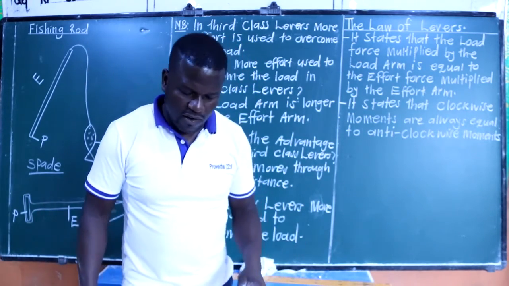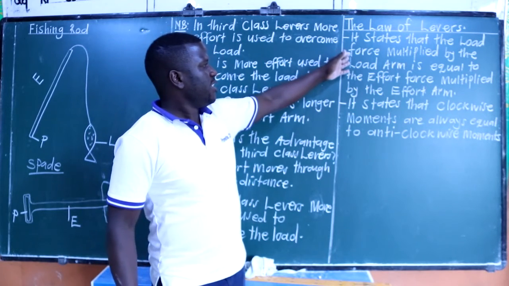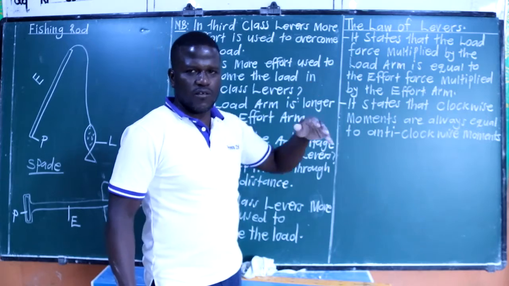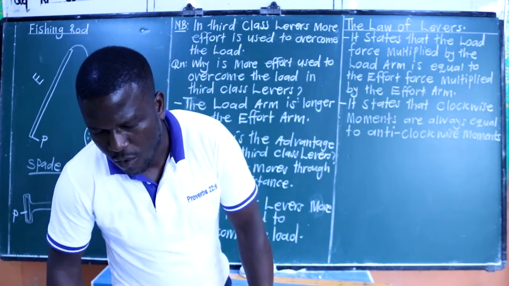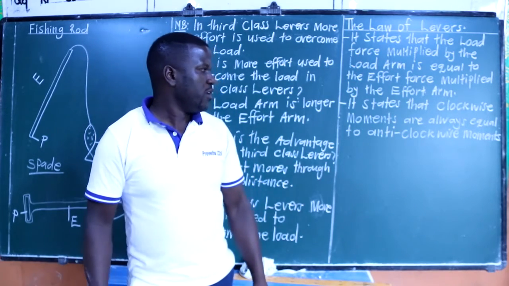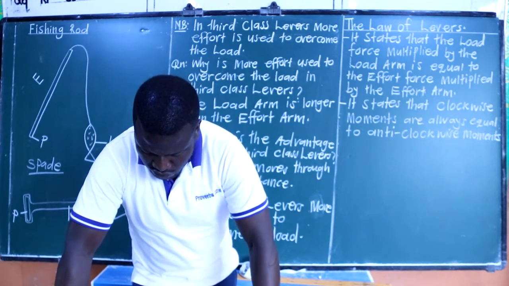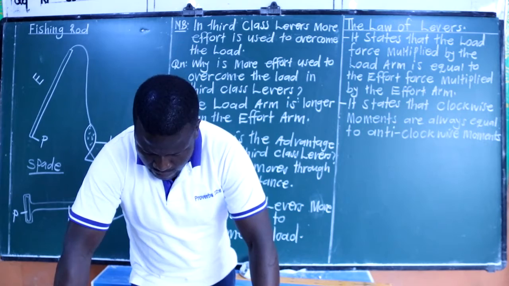That is the law of levers. So you can either say the load force multiplied by the load arm is equal to the effort force multiplied by the effort arm, or you say it states that clockwise moments are always equal to anti-clockwise moments.